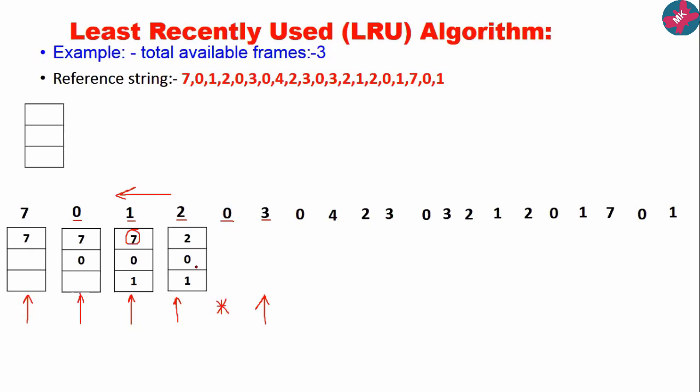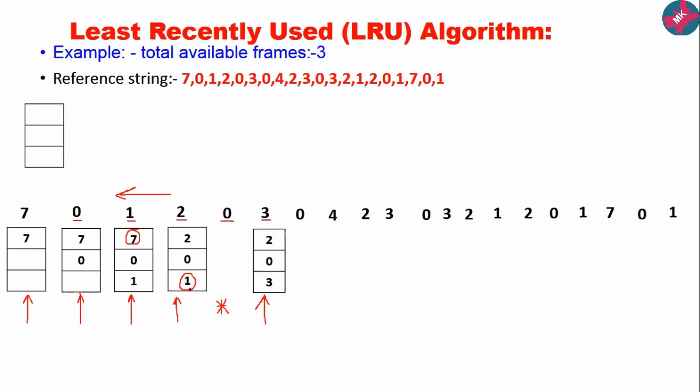So 1 is the page which was least recently used. Hence 1 is not the oldest, but it was least recently used, so we will replace 1 with 3. As you can observe here, we are replacing 1 with page number 3.